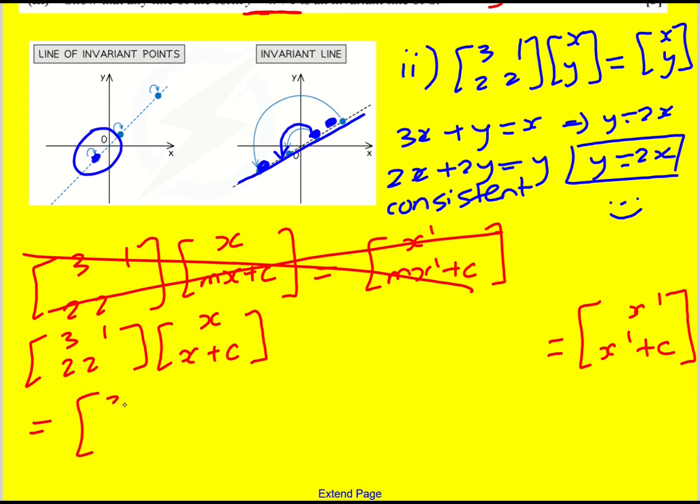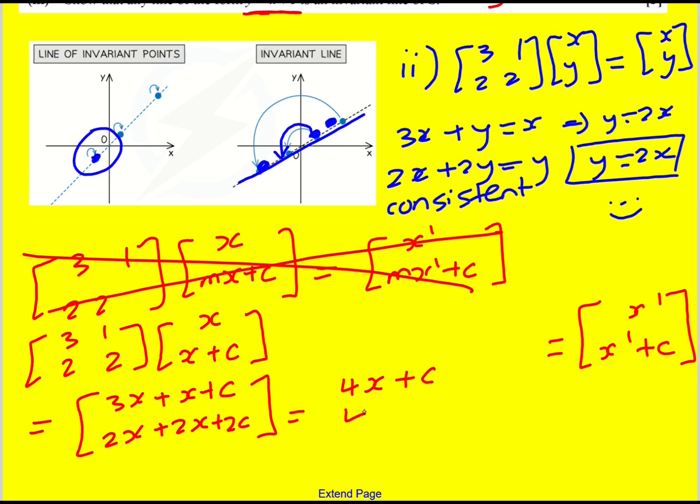Multiply the matrix out, I'm going to get 3x plus x plus c, and then 2x plus 2x plus 2c. Sorry, they look really close together. It's not 22. And I can write that as 4x plus c, and then 4x plus c plus c.